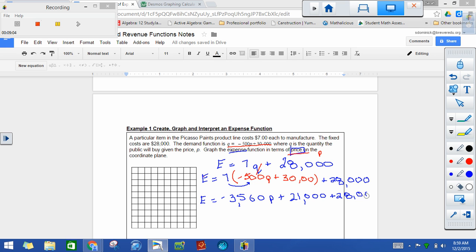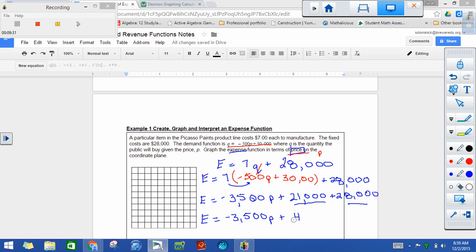I don't need to distribute the 7 there because I'm only distributing the 7 to the things in parentheses. I need to combine like terms. So this 21 and this 28 will have to go together. So I have expense equals negative 3,500. I'm sorry, that above looks like a 6. That should be a 0. P. And then 21 and 28 will get me 49.